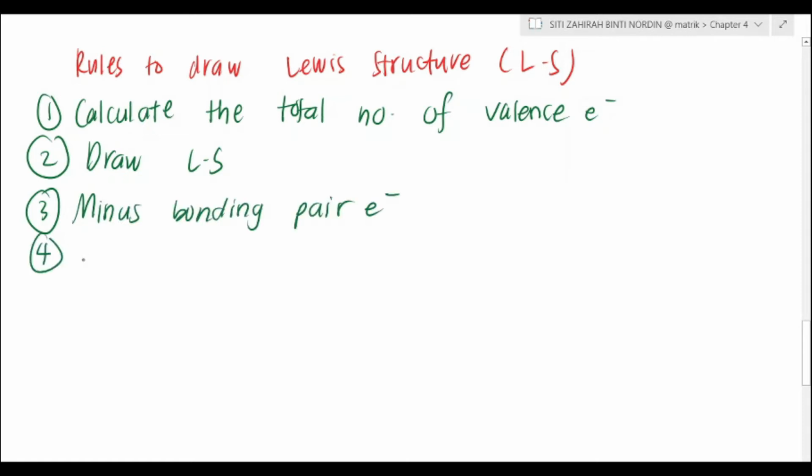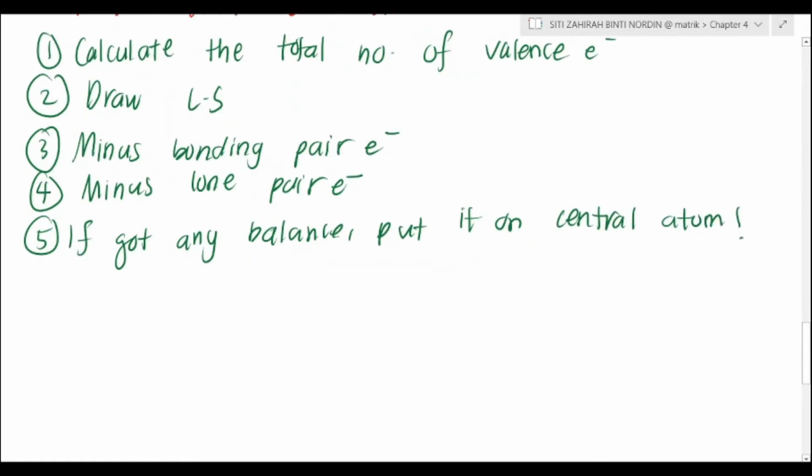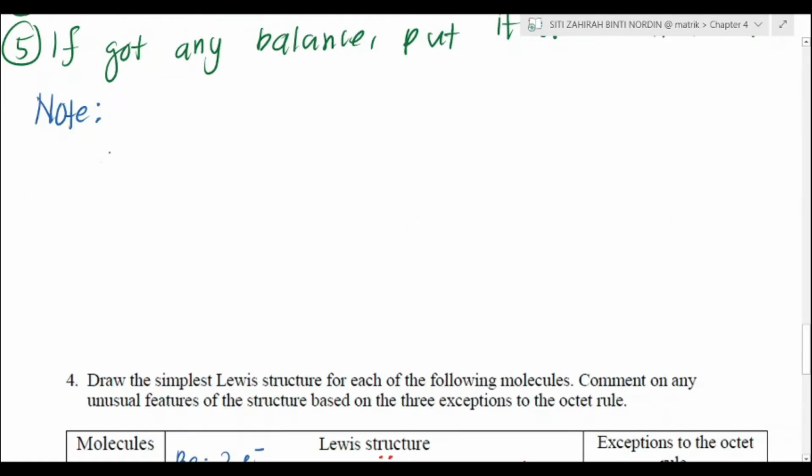Fourth step is to minus the lone pair electrons. And the last step, if you get any balance in your calculation, then you have to put all the balance on the central atom.